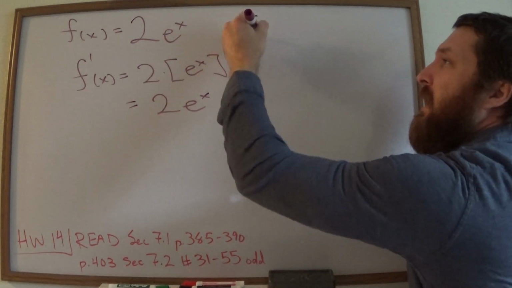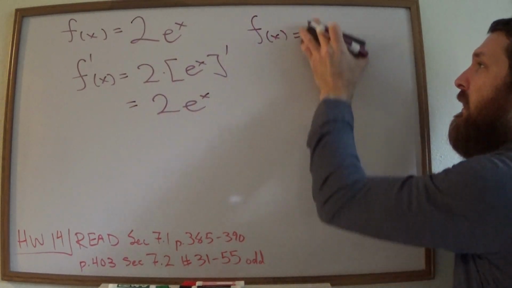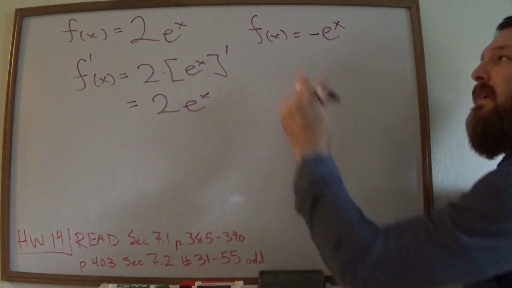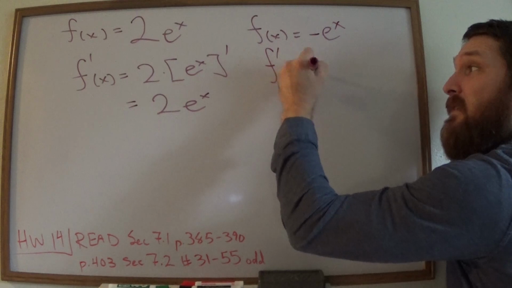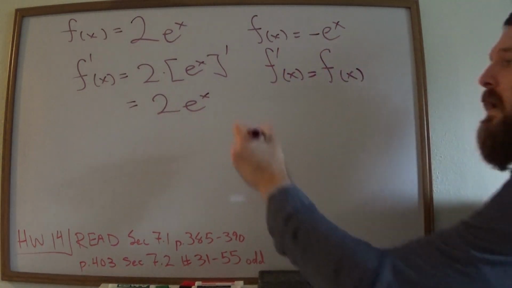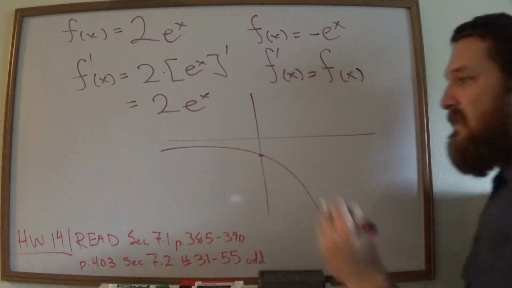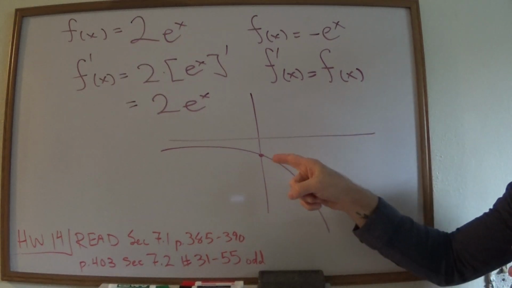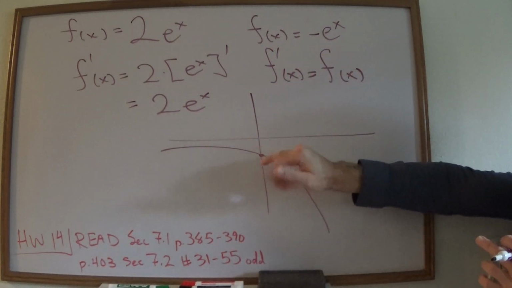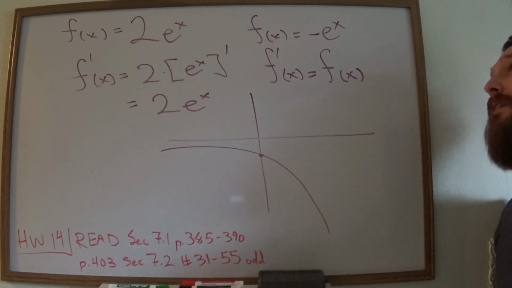So for instance, if my f of x were negative e to the x, f prime of x is still the same. It's still the original. It has not changed because that's just a constant right up front. And what that would say is, we know negative e to the x looks like this, and it still has this property that its slope at any given point is equal to the value at that point.